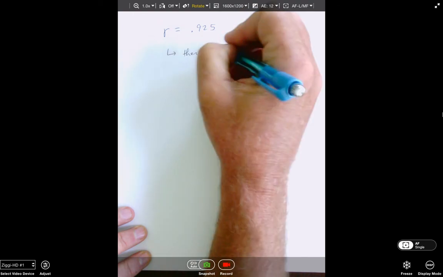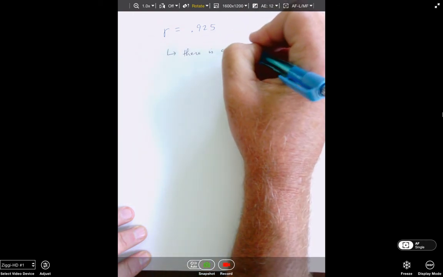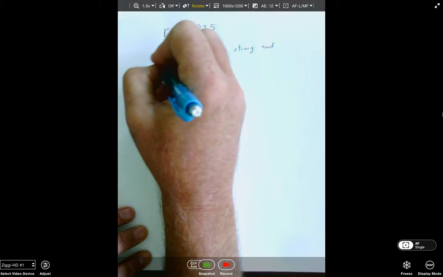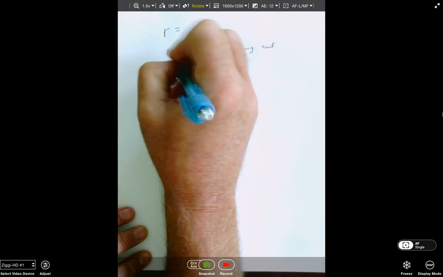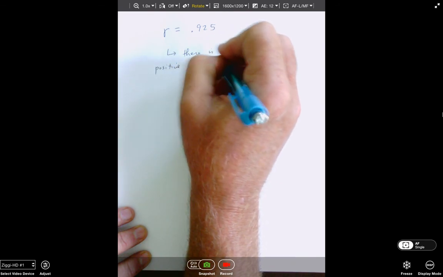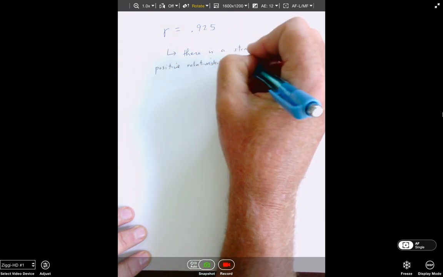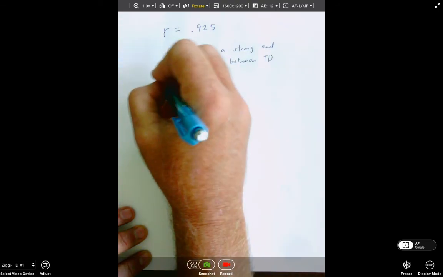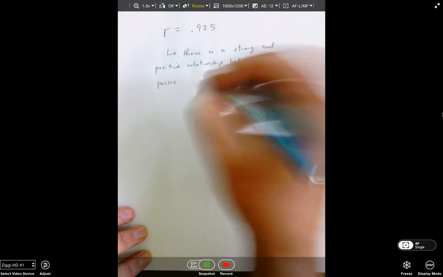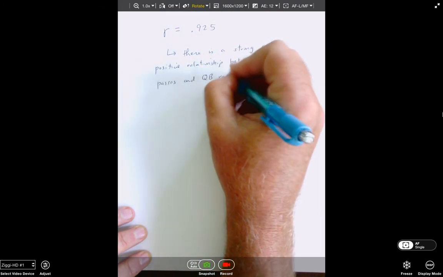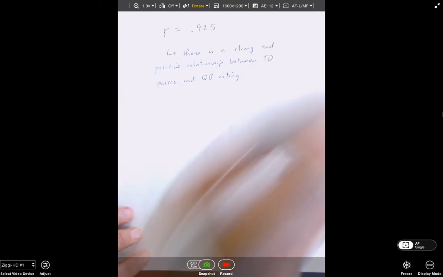There is a strong and positive relationship between the number of TD passes, obviously, and quarterback rating.